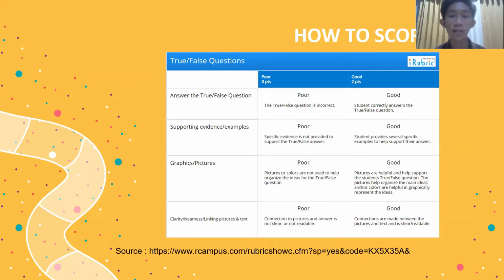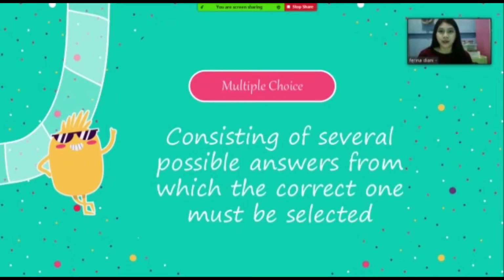Next is the explanation of multiple choices. I will talk about multiple choice. Multiple choice consists of several possible answers from which the correct one must be selected. Based on Wikipedia, multiple choice is a form of an objective assessment in which respondents are asked to select only the correct answer from the choices offered as a list.